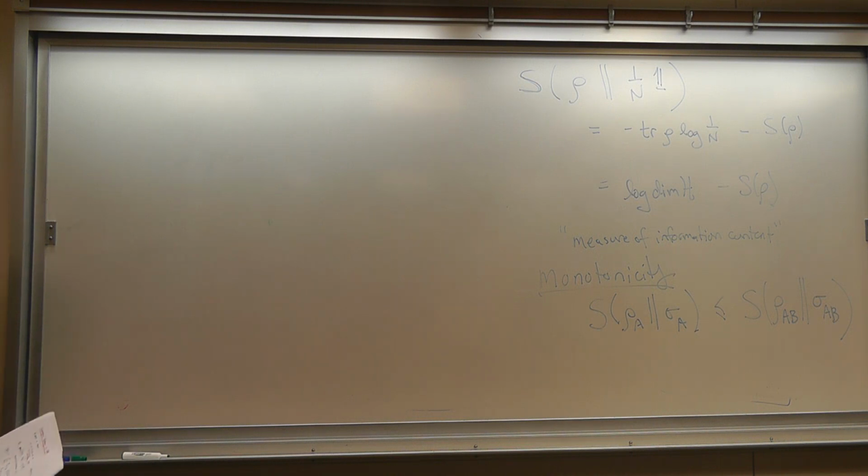Okay, so this was just a bunch of definitions. Sorry, go ahead. I was a bit confused about the measure of information content part, because the formula indicates that if S is lower, then the information content is higher. It doesn't intuitively make sense that lower entropy means more information.